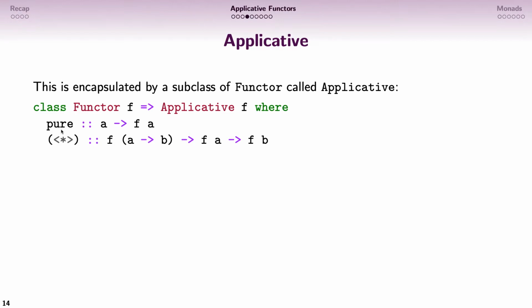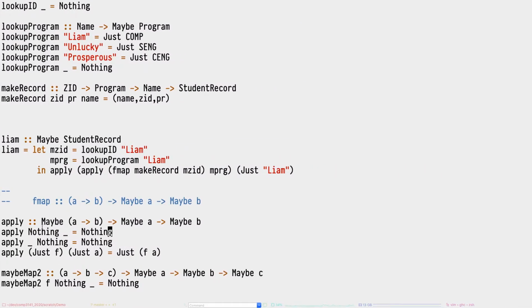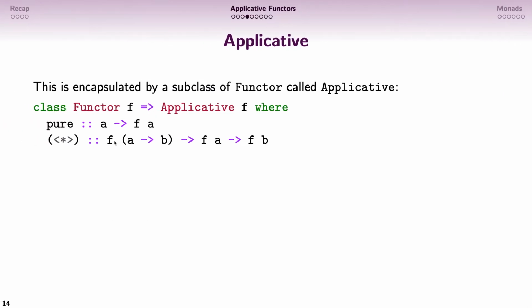So you were using applicatives without realizing it when you use this pure function, and star, or the app operator it's sometimes called, which was my apply function here, right? So it takes in the f, the maybe, for example, of a to b, and then the maybe, for example, of a, and then returns the maybe, for example, of b. So it applies the function that is wrapped up inside the structure of an instance of the type class applicative.